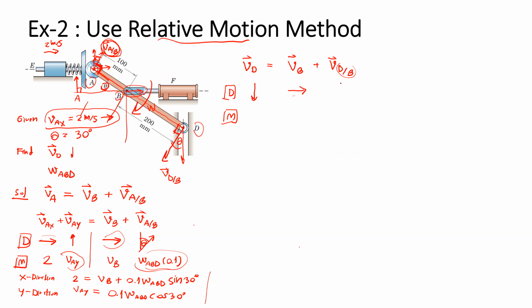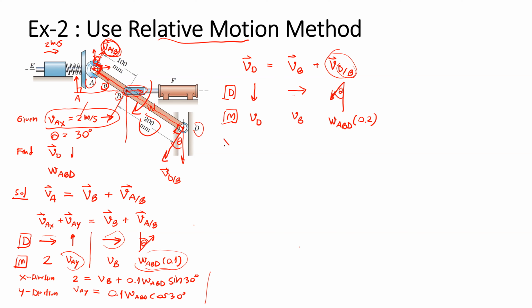So the direction of the D with respect to B makes theta with the vertical direction. How about the magnitude? We still have the unknown magnitude VD that we need to solve, and VB is also unknown. And the relative velocity can be obtained from the omega multiplied by the radius. The radius is 0.2 meter.